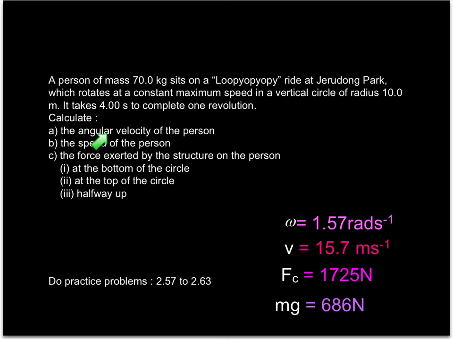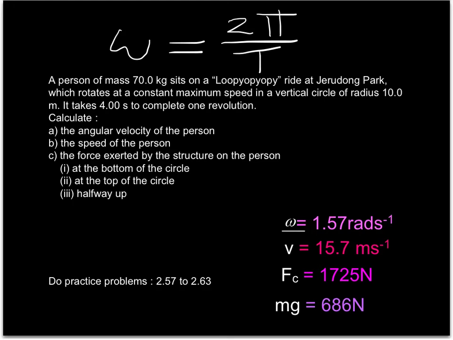So in order to find the angular velocity, we can simply use omega equals 2 pi over the period capital T. So that's 2 pi over 4 seconds, which should give us 1.57 radians per second. For part B, we use the equation v equals r omega and multiply the 1.57 by 10 meters, which is the radius. So we get 15.7 meters per second for the velocity.